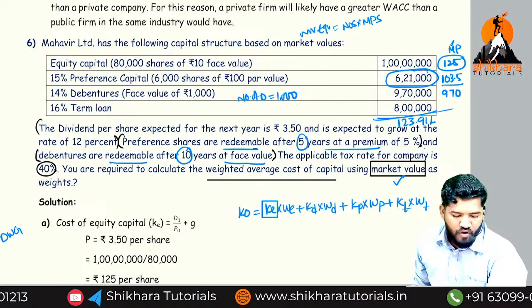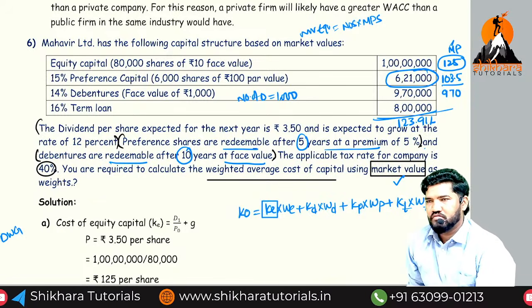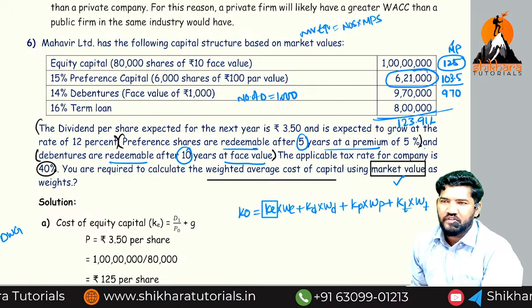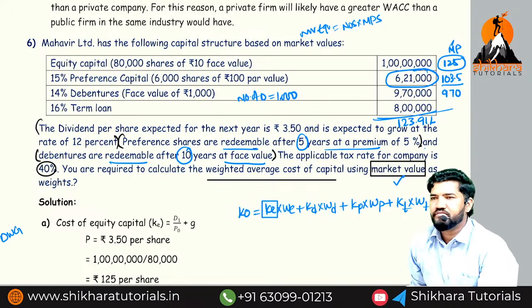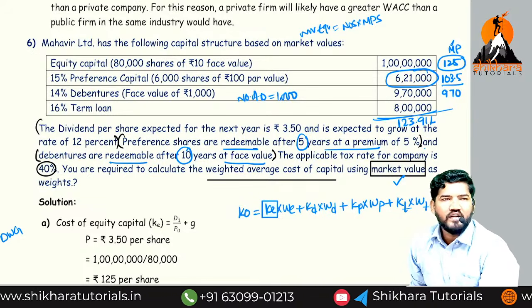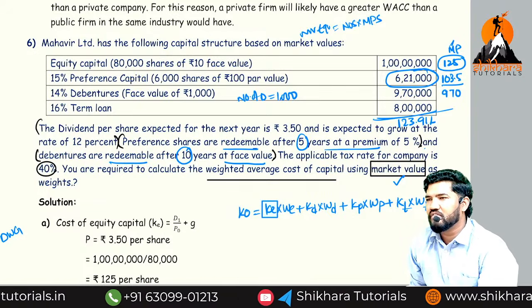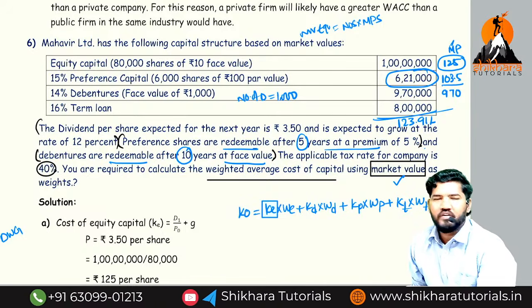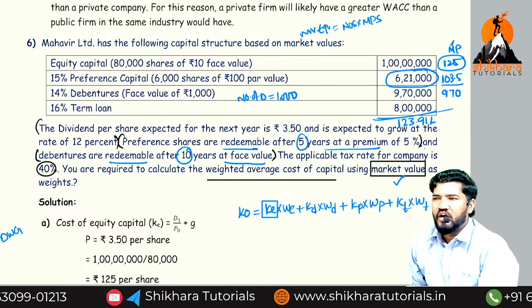Then, 14% debenture, face value 1,000. But they have not mentioned the number of debentures. You need to take a call, an assumption. But what value is given? 9,70,000, because they mentioned it clearly at the top. Now please take an assumption: how many debentures? 100.